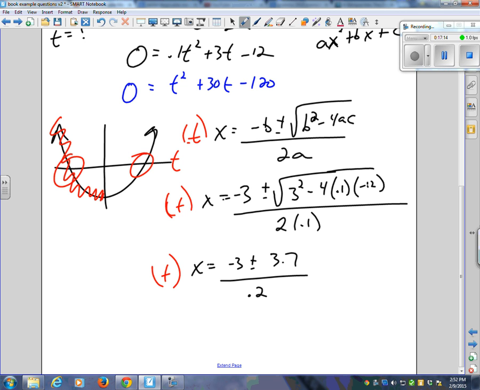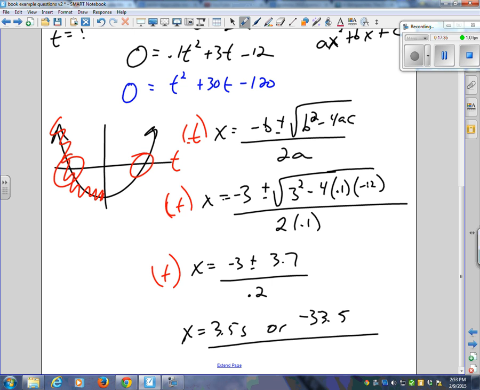It's t, right, in this situation. Now, remember, we don't need to find the negative value. If you want to find them both, you're going to find that t is equal to 3.5 seconds or minus 33.5 seconds.